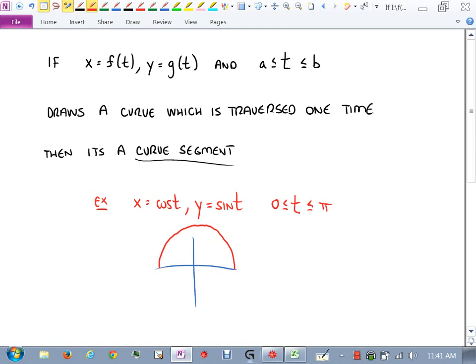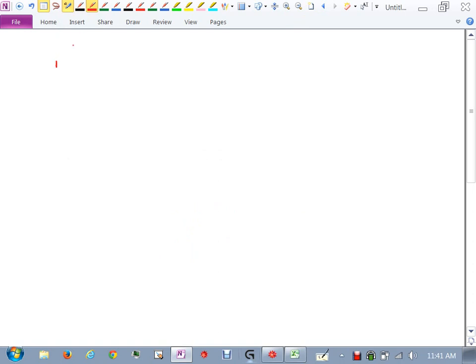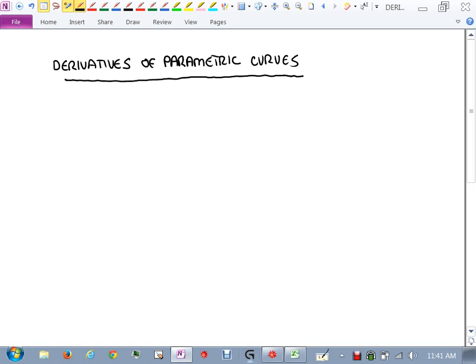All right, so let's talk about derivatives of parametric curves. We always wanted to know what a derivative was, right? We always were interested in that in Cal 1.